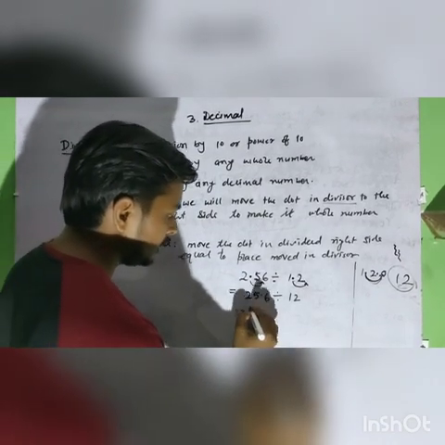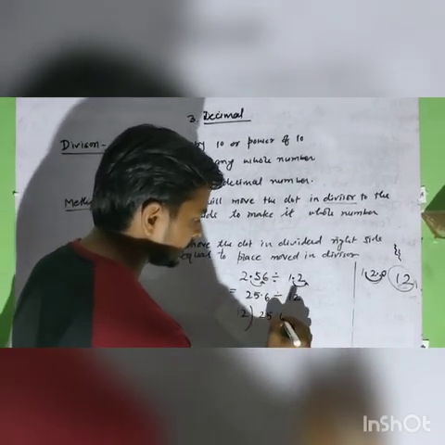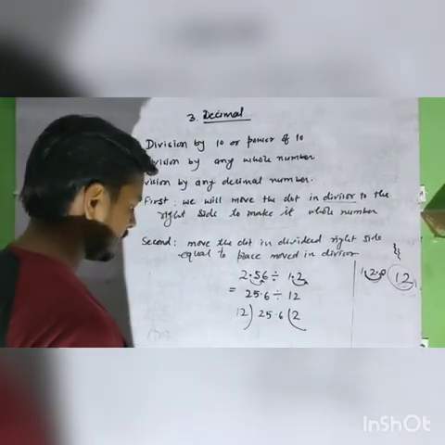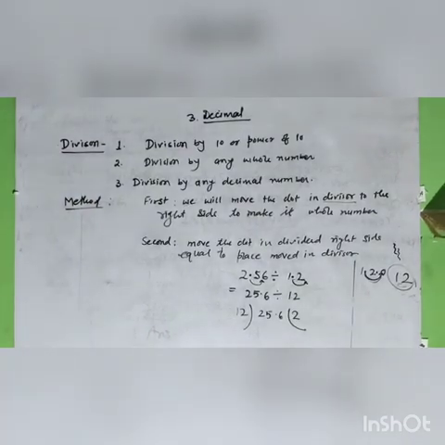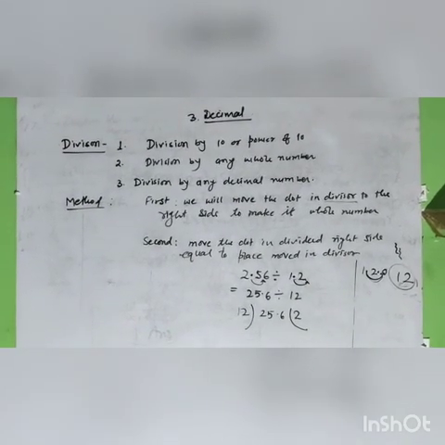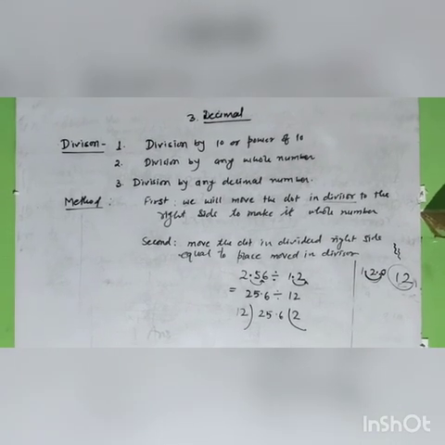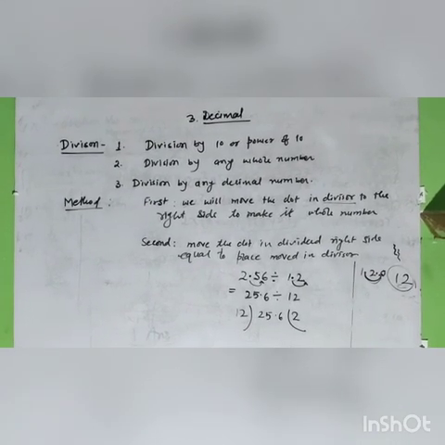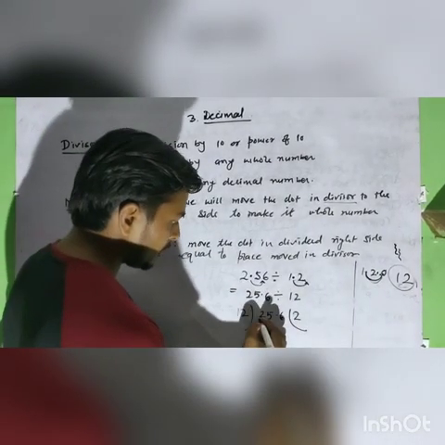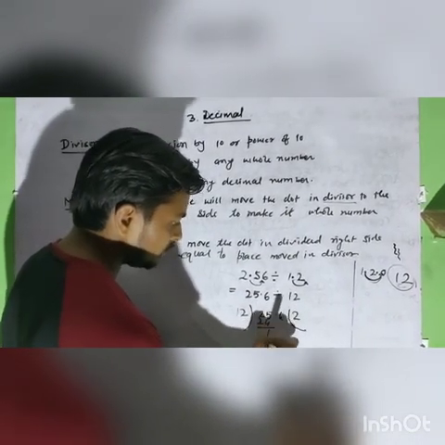Now it is easy, 25.6 divided by 12. So 12 2s are 24. This is 1.